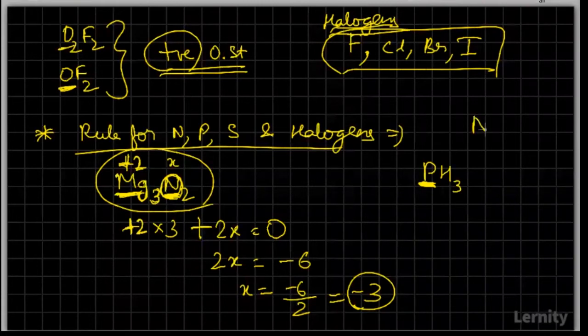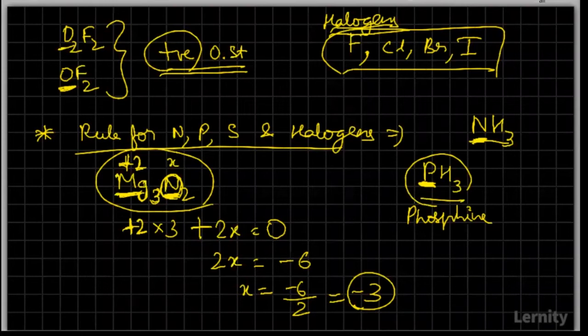Examples like ammonia, this was already asked by someone and already answered. And this is known as phosphine. It might be a new term for you. So this is ammonia and here it's phosphine. Remember that nitrogen is more electronegative than hydrogen. Phosphorus is also more electronegative than hydrogen.